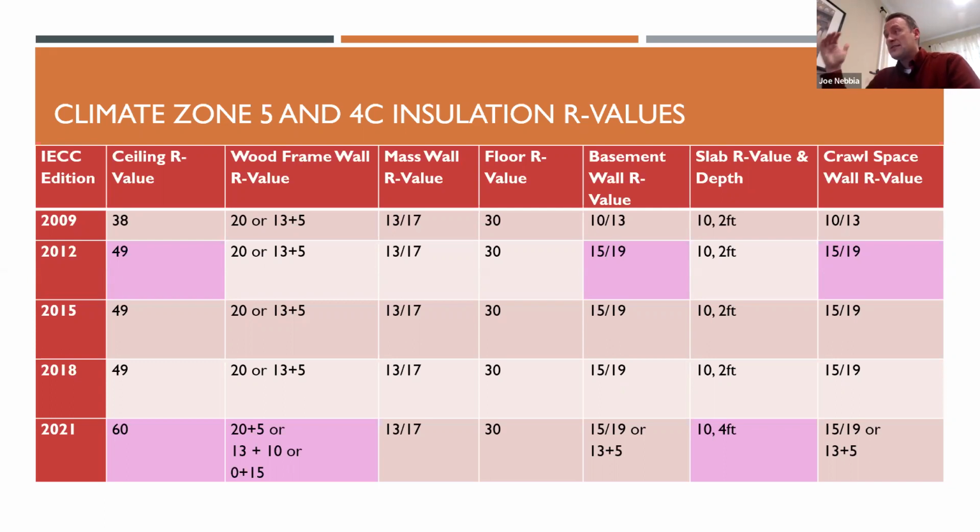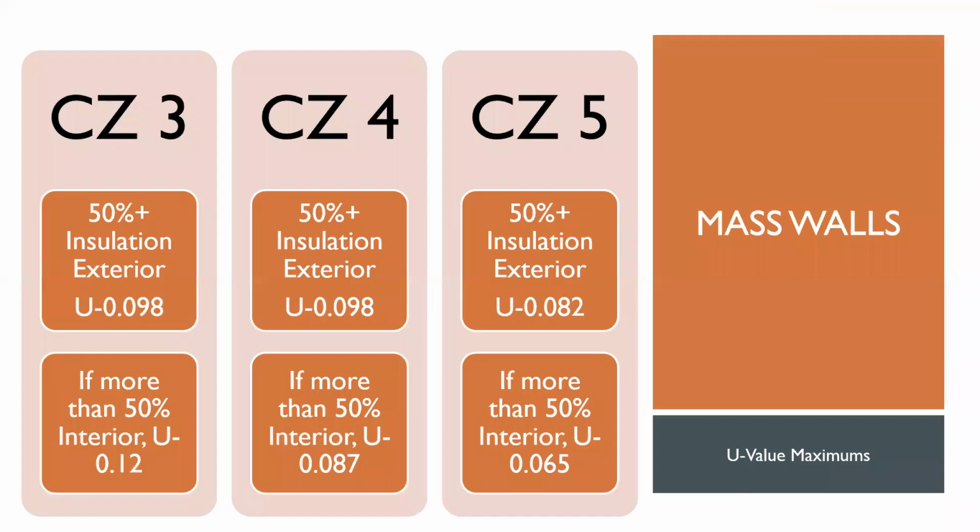And the code lists a number of things. There's kind of a dozen items on that list. If you do watch module 2, I actually list them there because it's more common to see mass walls in the South. But there's also an equation where you can calculate the thermal mass of the material and demonstrate that it's a mass wall if it's not on that list. Great, thank you.